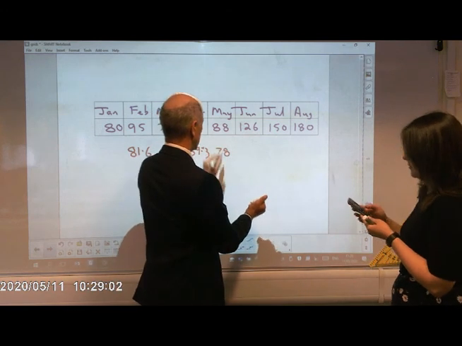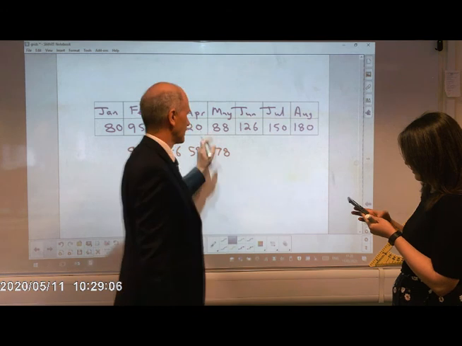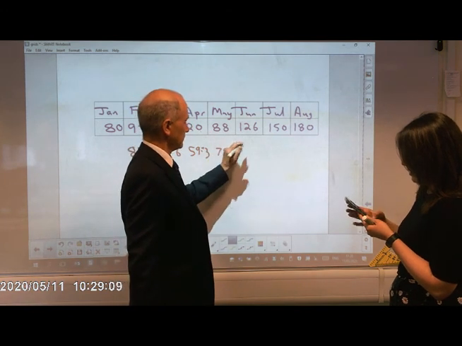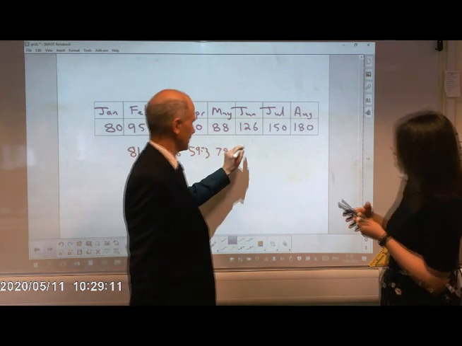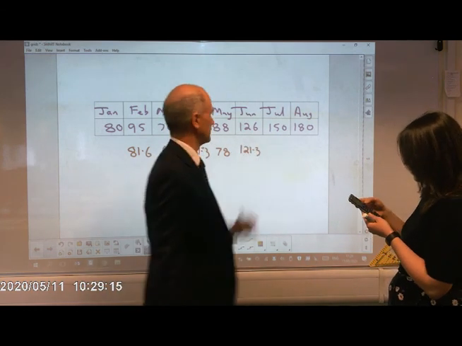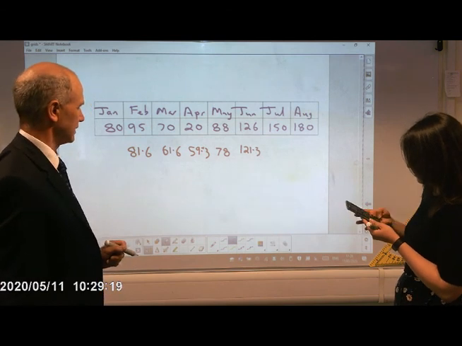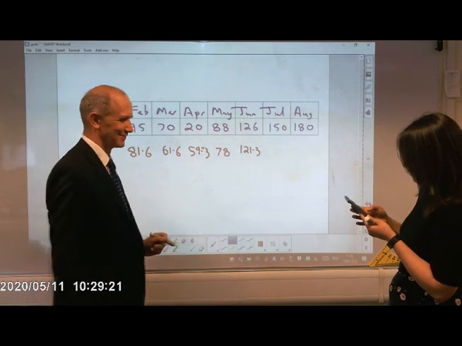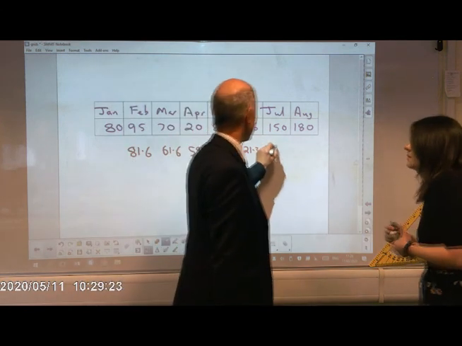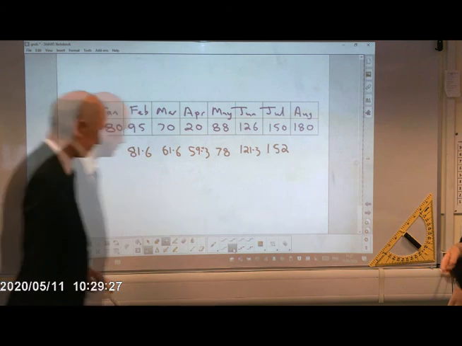Then 88, 126 and 150: 121.3. And the last one, 126, 150 and 180: 152. Such fun. Okay, now I'm going to plot those in a different colour, and I'm going to plot them on my original graph.